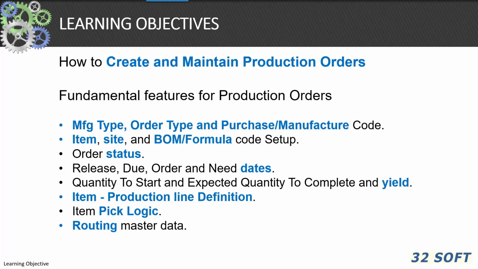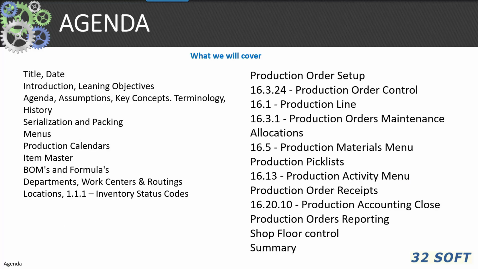New need dates, release date, order dates, but the new changes in the way quantities are dealt with in terms of quantity to start, expected quantity to complete, and yield are important. We'll talk about product lines, the new item pick logic, and routing data.